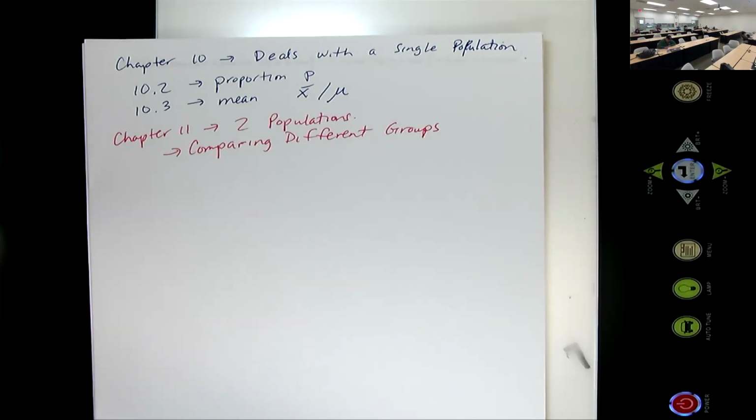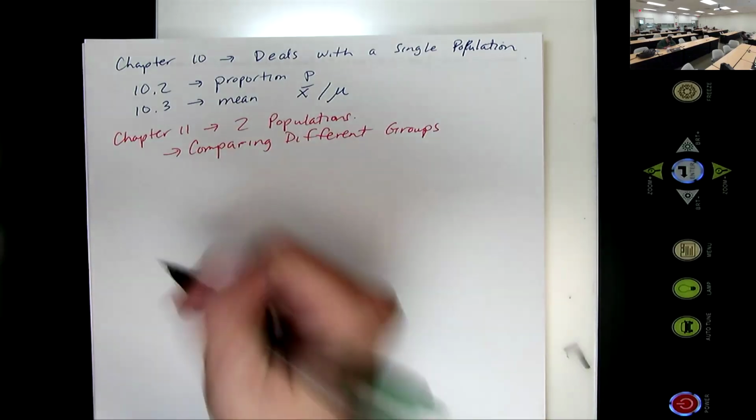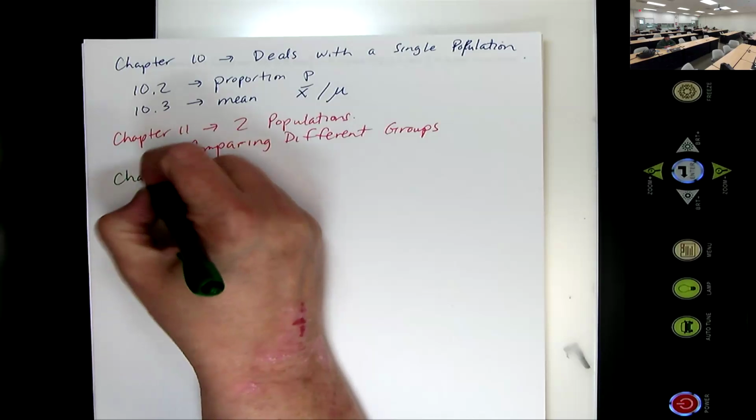I would probably say that's a yes, but I could be wrong. You never know. It doesn't have to be two different groups though, it could be the same group at different times, like a before and after. Things like that. And then chapters 12 and 13 will be on three or more groups.